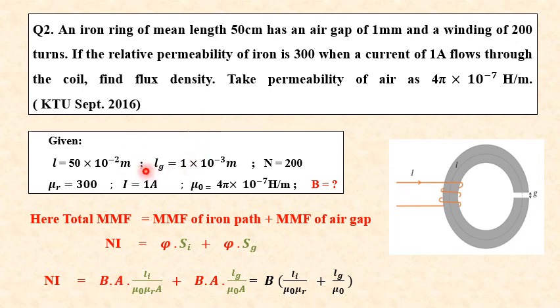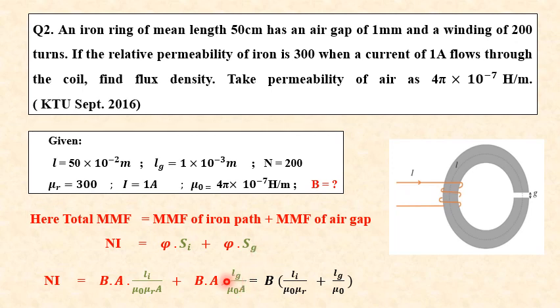Because in the question area of cross section is not given, we need to adopt some way to neglect this term. So instead of phi, I am substituting it as B into A. And Si is equal to li by mu 0 mu r into A. Plus, instead of phi, again we are substituting it as B into A, and Sg is equal to lg by mu 0 A. In the case of an air gap or an air material, the relative permeability value is 1.